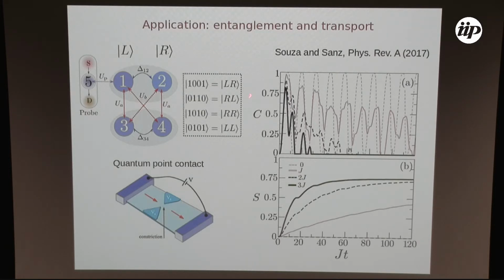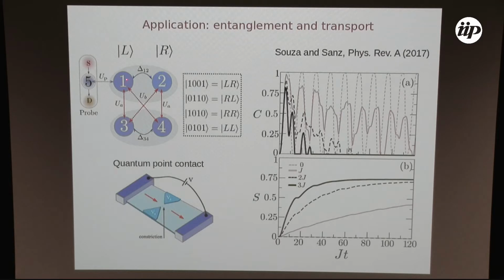Suppose that we have a molecule composed of 4 quantum dots, okay? The dots 1 and 2 operate as 1 qubit, and dots 3 and 4 operate as a second qubit, right?